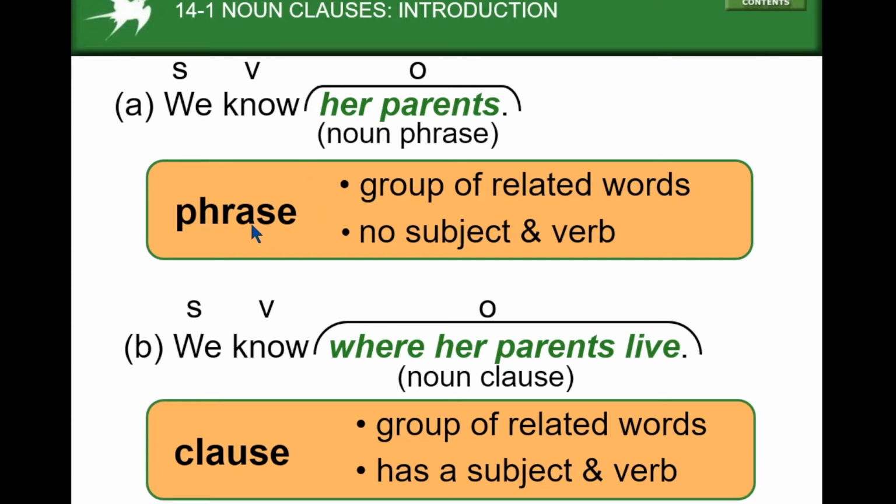But what about a phrase? A phrase is also a group of words, but without a subject and a verb. So in the first sentence, we know her parents. Her parents is a phrase because it doesn't contain a subject and a verb.